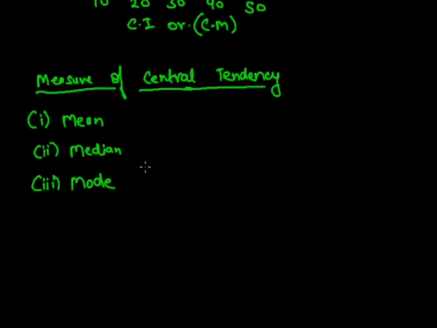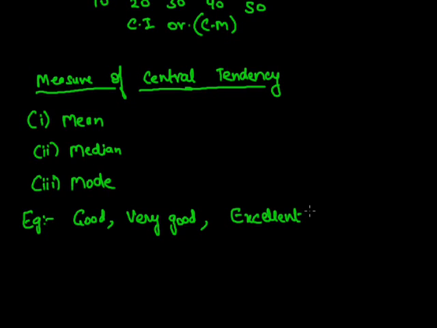Suppose I take an example: the quality of 3 students in a class. Let's say one student is good, another one is very good, and another one is excellent. If I ask what is the average of this group, I cannot use the mean here because the quality of the students is given, the quantity is not given.